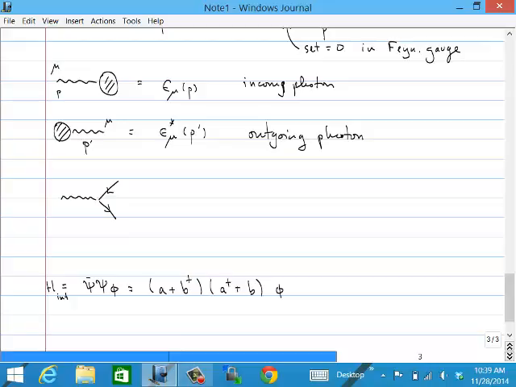And so if you then want to calculate, say, the scattering amplitude, you have some external state. So schematically, let's say you want to calculate the contribution to something with an incoming electron and an outgoing electron. Then you would have an A dagger on the right and an A on the left.